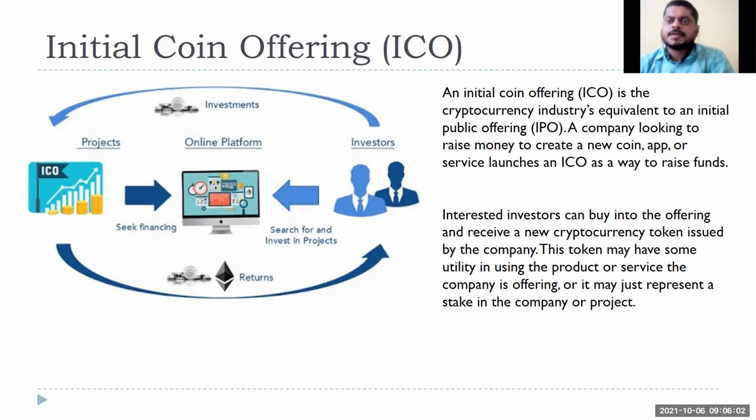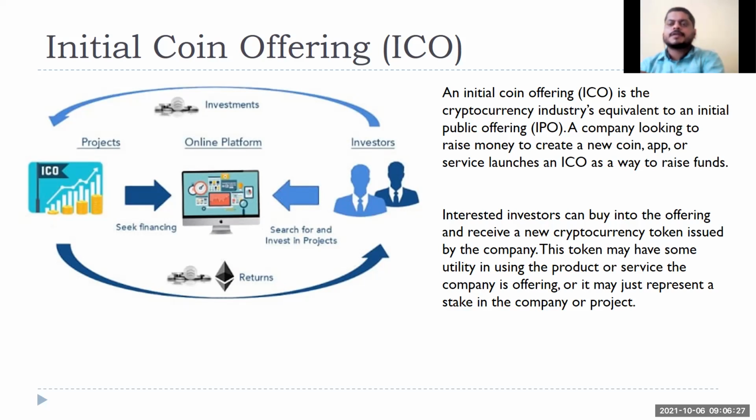It might happen that the value goes to zero, which means the coin did not survive the market. Or it might happen like Bitcoin or Ethereum did: the value will overshoot like anything and it will have much higher value. So that is how an initial coin offering works.